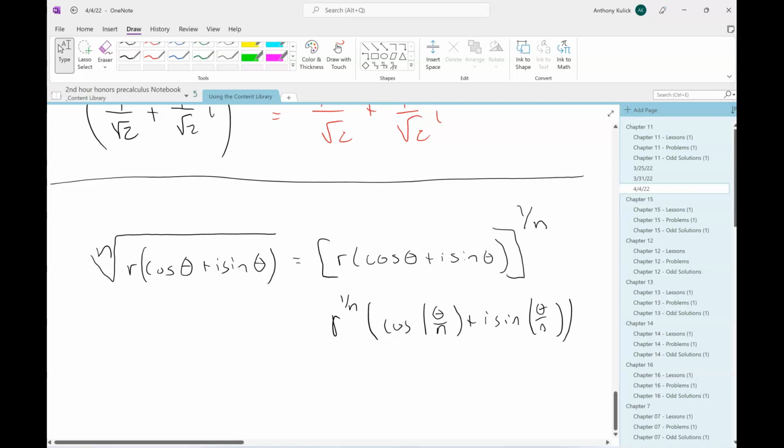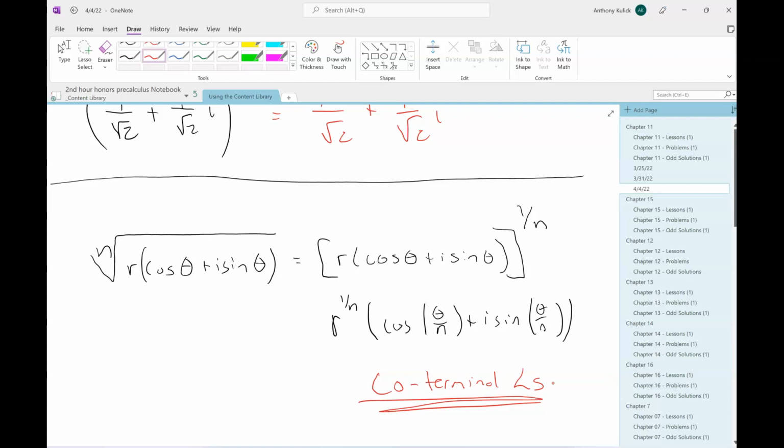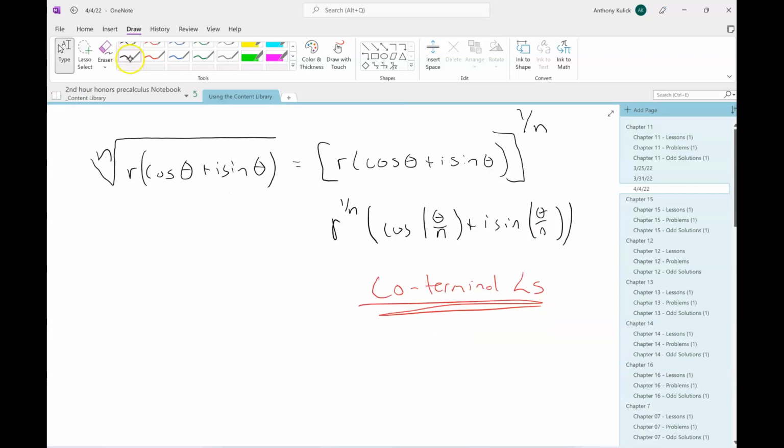Not quite. Why not? That's a really good question. We have to worry about coterminal angles since we're getting smaller, instead of going forward. So really what we have is the following. I'm going to write this now as the nth root of r. It's still the same thing as r to the 1 over n.